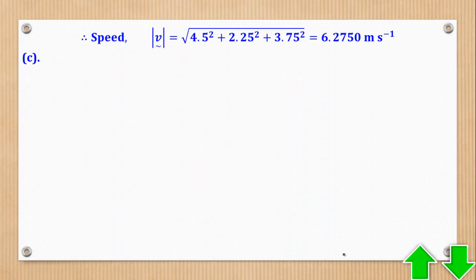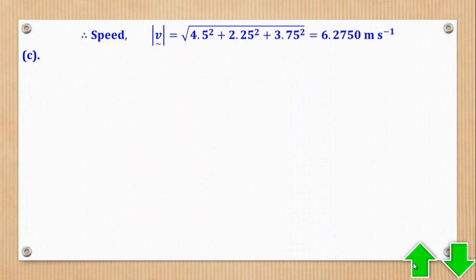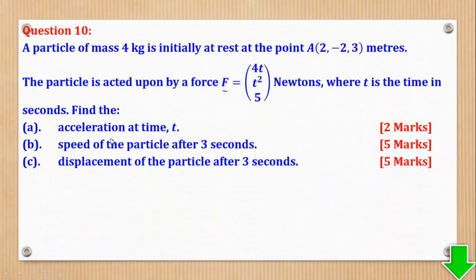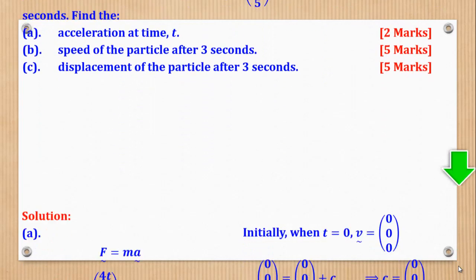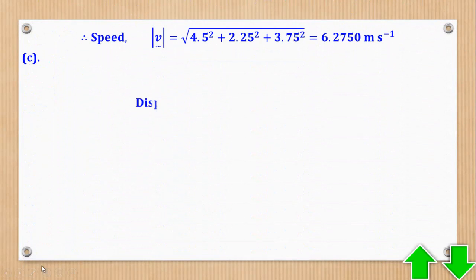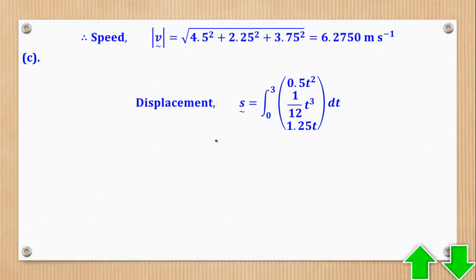Then part C, they wanted displacement of the particle after 3 seconds. Remember, displacement is a vector quantity. So displacement is got by integrating velocity from what?